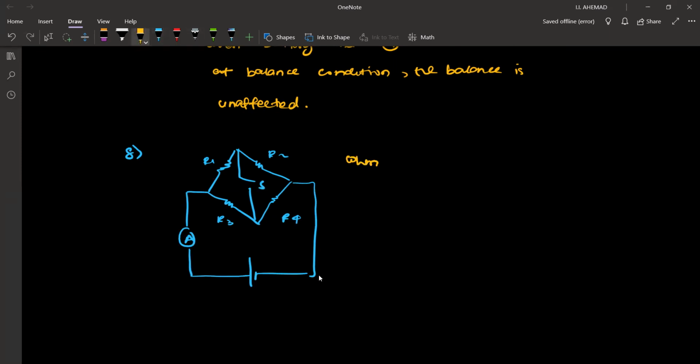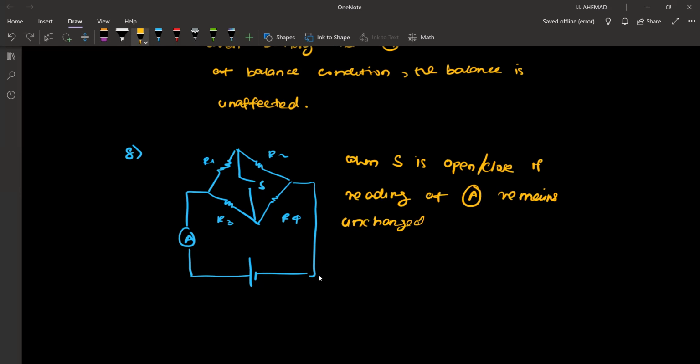When S is open or closed, if the reading of the ammeter remains the same or unchanged, then the balance condition is present.